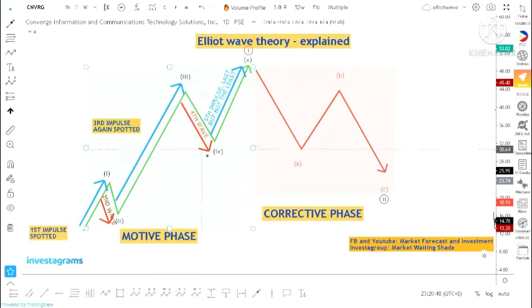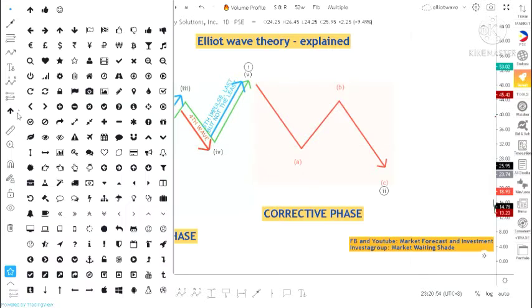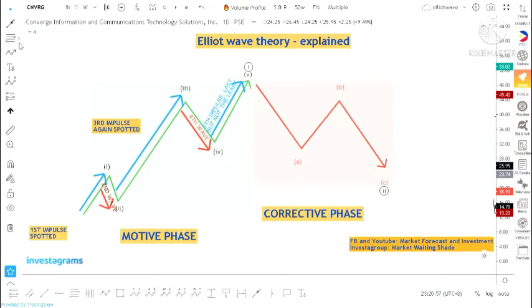So all in all, if we view it from a larger perspective, this is actually one complete wave, and after its completion it will be corrected. As you can see, once wave 1 is completed, another wave has formed, which is the wave 2 correction, and then the cycle goes on and on.